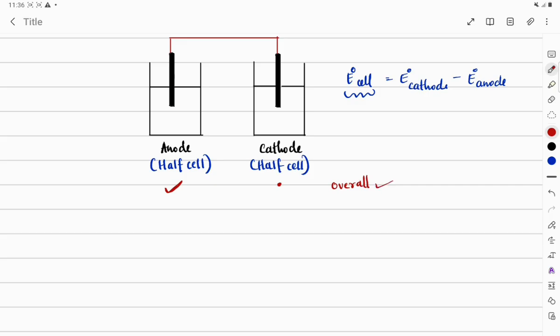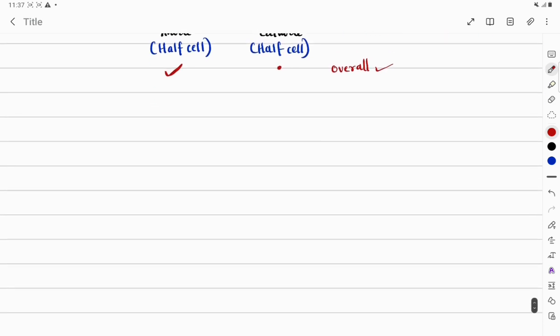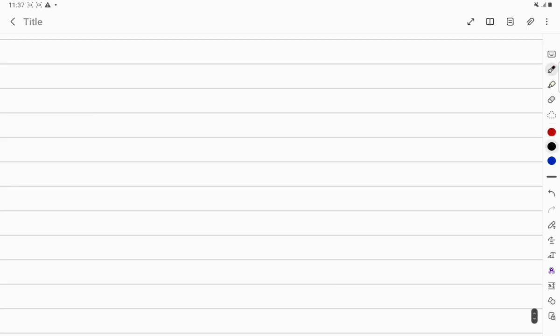Both should be known, and from the same equation I can find the potential of this half cell, the anode. The same procedure can be used to find the potential of the cathode, that is, the half cell potential. Any half cell whose potential is already known is called the standard or reference electrode, and the one we usually use is hydrogen.